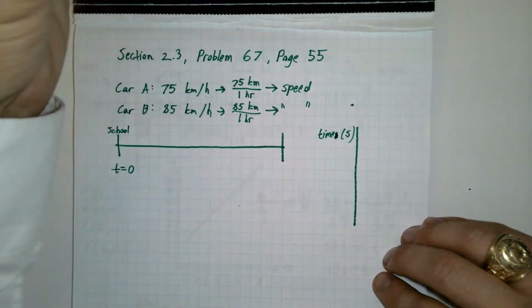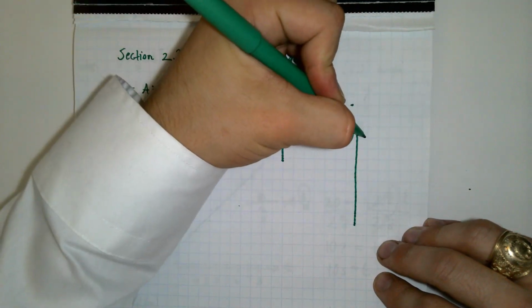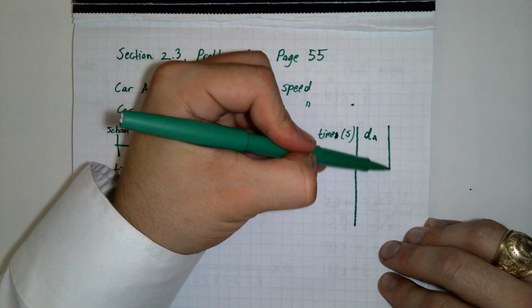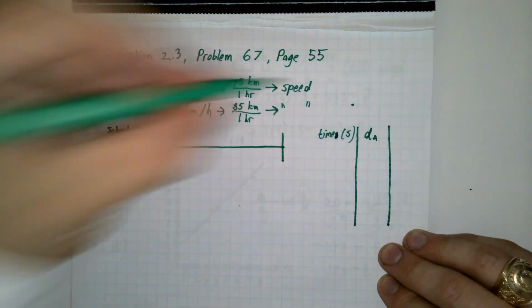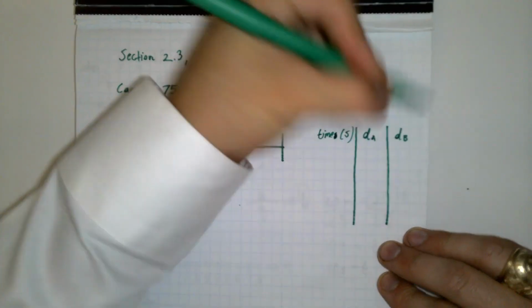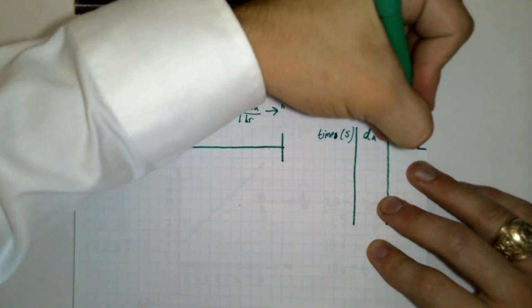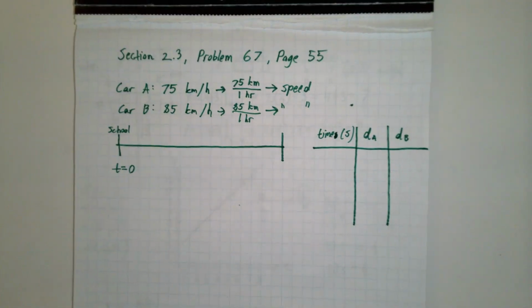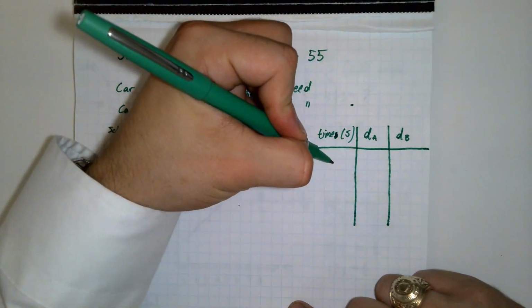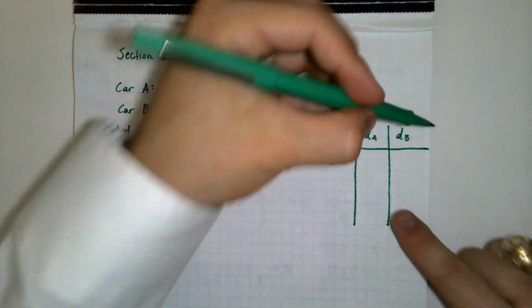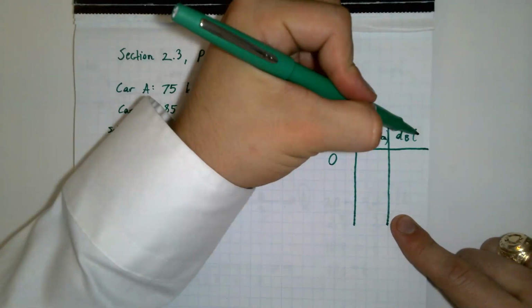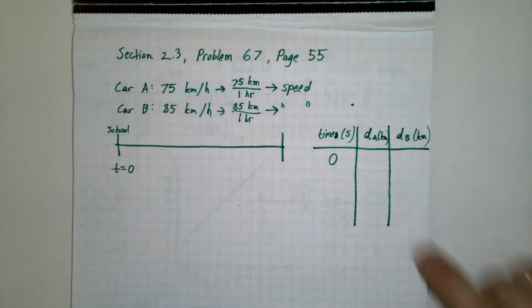In our second column will be the distance for car A, which we'll call d sub A. And then in our third column, we have distance for car B, which we'll call d sub B. We'll be measuring distance in kilometers.